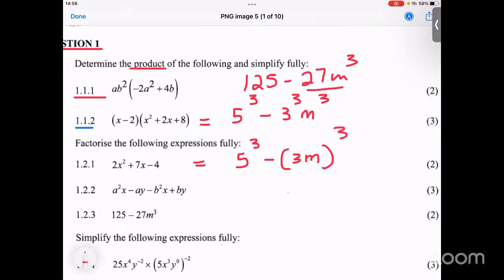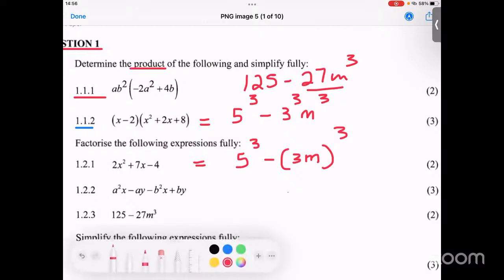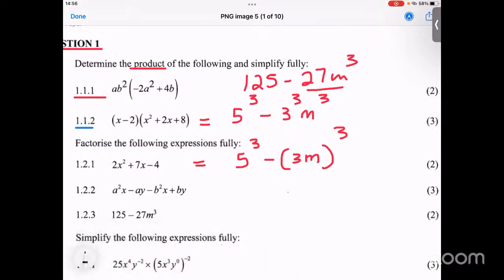So something that you need to be aware of is this. I'm definitely not sure if you are going to fully understand this, but we have this thing of having a to the exponent of 3, especially when you minus, being the difference between those cubes.